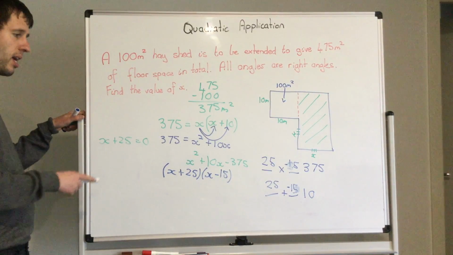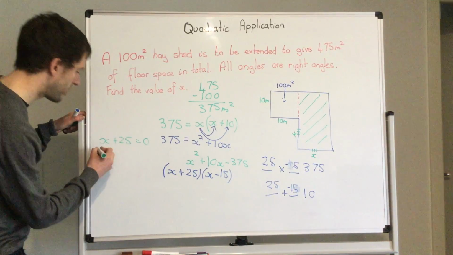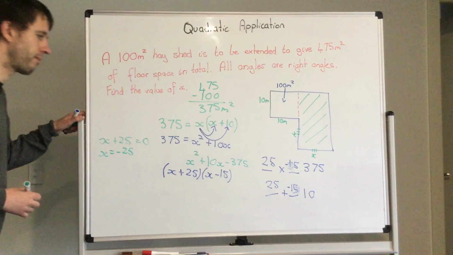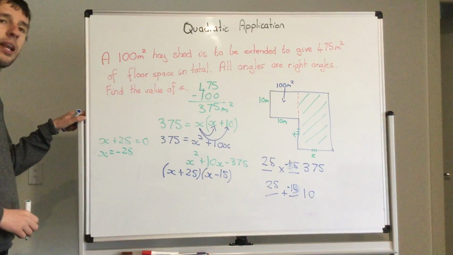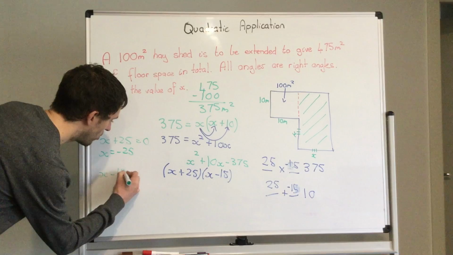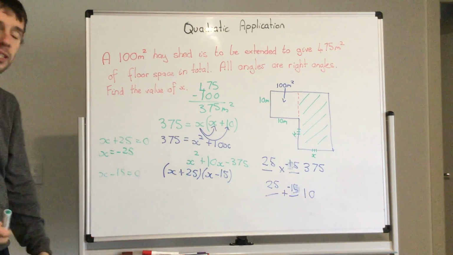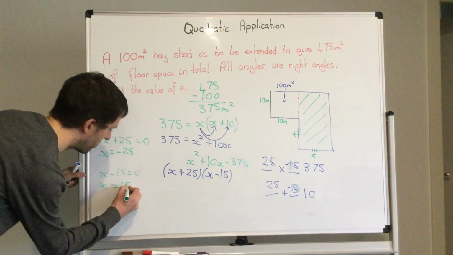So to do that, I'm going to take 25 over to the other side, so x will equal negative 25. With x minus 15, let's have a look, equals 0. I'm going to take negative 15 to the other side. That means it becomes a positive, and x equals 15.